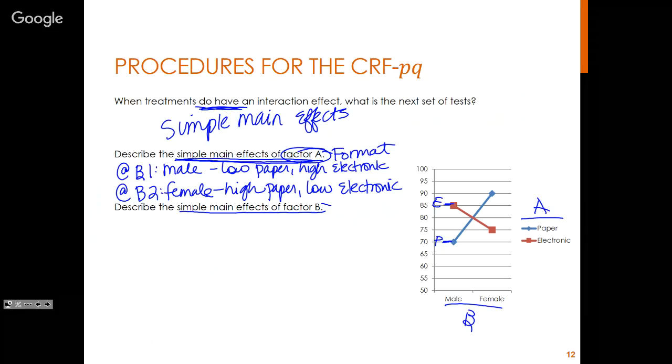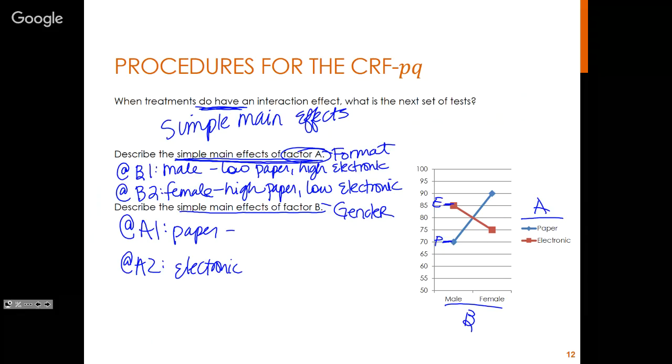Yeah. So to describe the simple effects of B, which is gender, we have to talk about both male and female at A1, which is paper, and at A2, which is electronic. So what would you say for the paper test only?